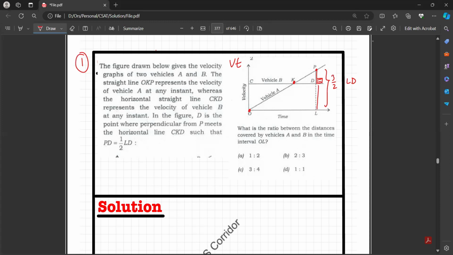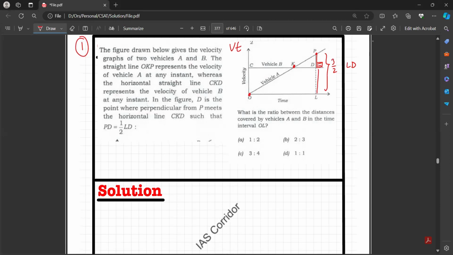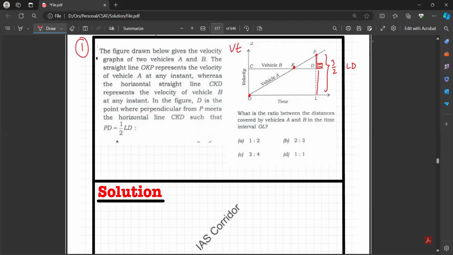What's the ratio between the distance? Now I have told you in the first lecture also, the ratio is the area under the graph of a VT graph. So VT graph के नीचे जितना area है वही होगा ratio between the distance.